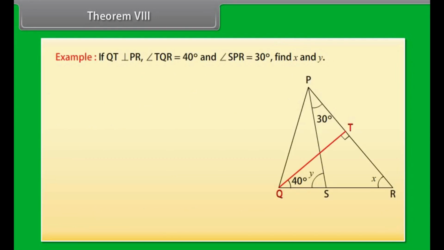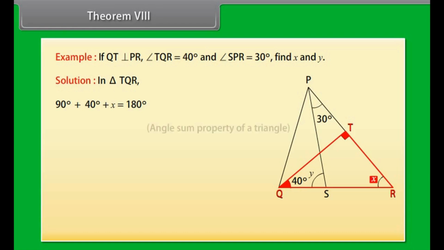If QT is perpendicular to PR, angle TQR is equal to 40 degree and angle SPR is equal to 30 degree. Find X and Y. Solution. In triangle TQR, 90 degree plus 40 degree plus X is equal to 180 degree because of the angle sum property of a triangle.